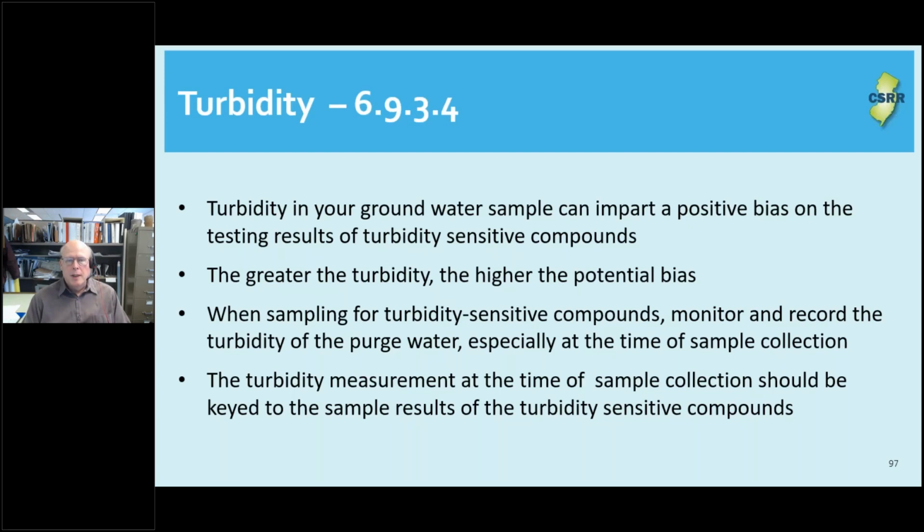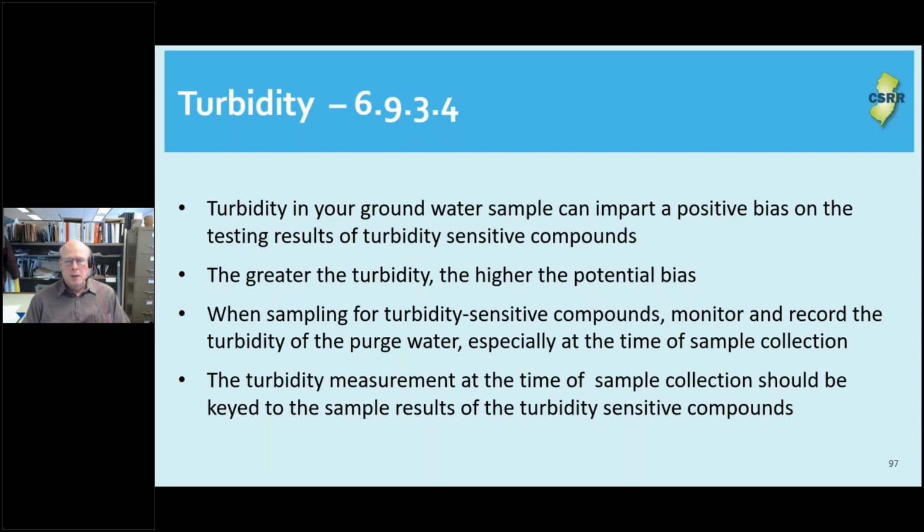Elevated sample turbidity can result in a biased high groundwater sampling result for compounds that have an affinity to bind to soil. Examples include the testing for metals, PCBs, pesticides, herbicides, polyaromatic hydrocarbons, and some PFAS.